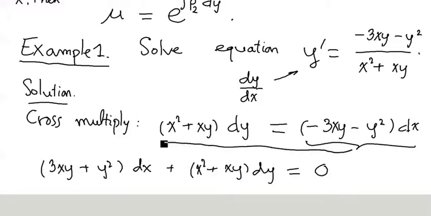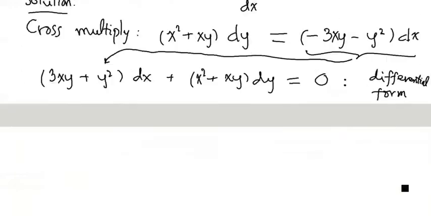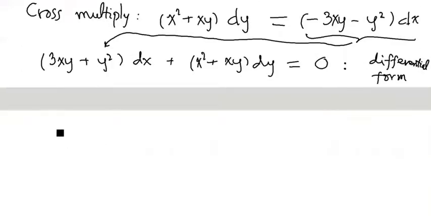And this is our equation in the differential form. So then M is 3xy plus y squared, and N is x squared plus xy.